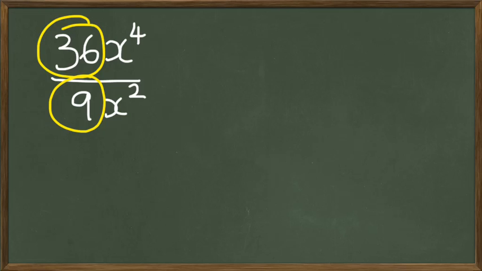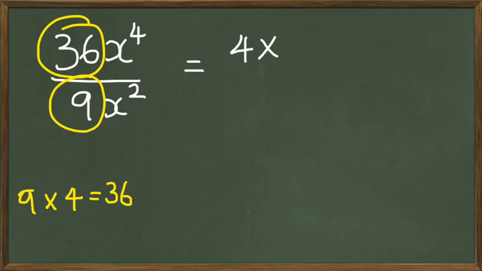See if you know what the relationship is. But really we know that 9 times 4 equals 36, which means we could write this 36 in a different way. We could write it as 4 times 9, and I'm just going to expand the x's just to show you how this works. Nothing changes about the x's.